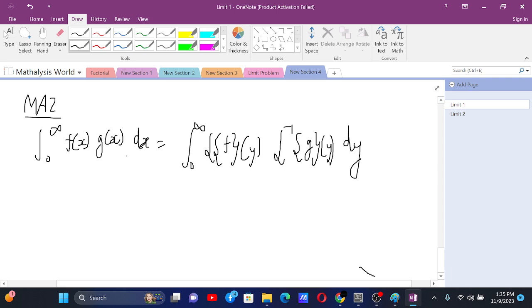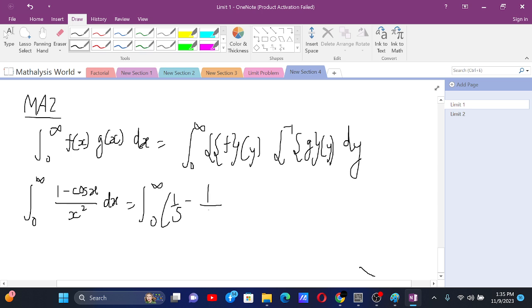So this is the MAZ identity, and if we use this one, our integral from 0 to infinity of 1 minus cos x by x square dx will be transformed to the integral from 0 to infinity. 1 minus cos x will be 1 by s minus 1 by s square plus 1, and the 1 by x square will be this, just gamma 2 by x to the power 2.